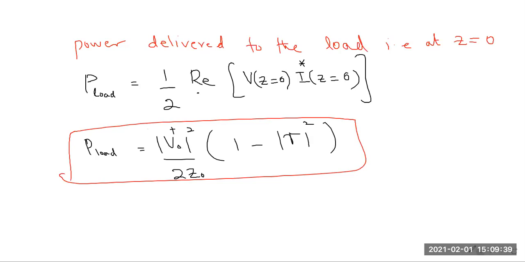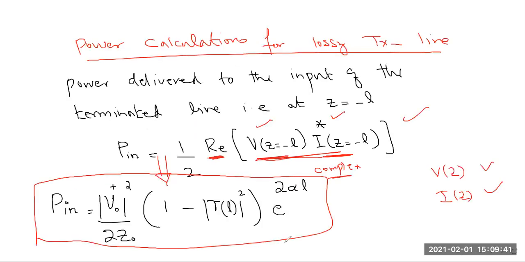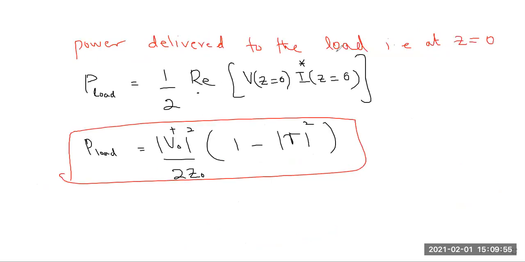Now, one thing that you need to identify is, in the case of the input power expression, the reflection coefficient that you are going to use is gamma L. Gamma is a function of L. In the case of power delivered to the load, we are simply representing it with gamma. And I have clearly pointed out before that gamma is the same thing as gamma of 0.